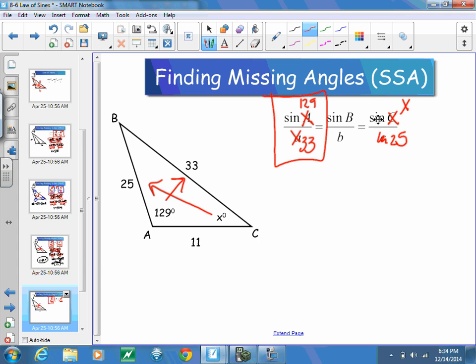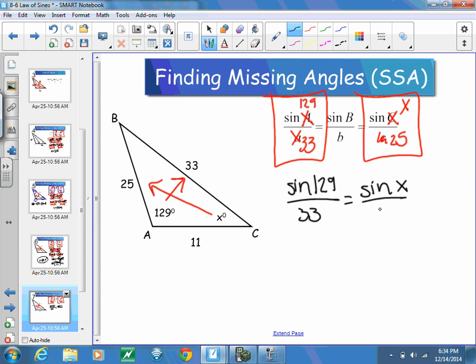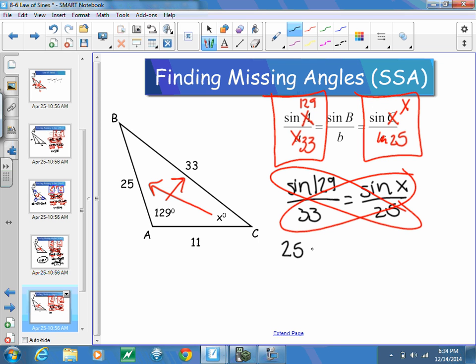So I have two ratios making my proportion of the sine of 129 over 33 is equal to the sine of x over 25. To solve our proportion, we're going to cross multiply. 25 times the sine of 129 is equal to 33 times the sine of x.